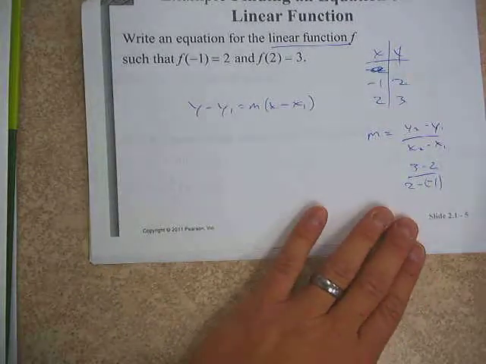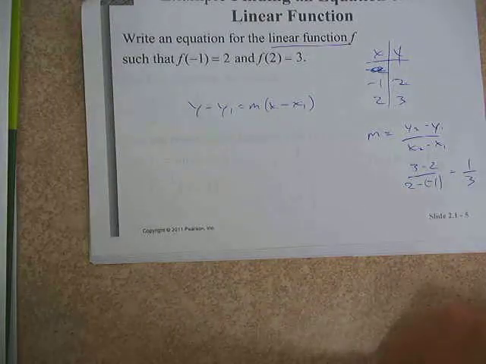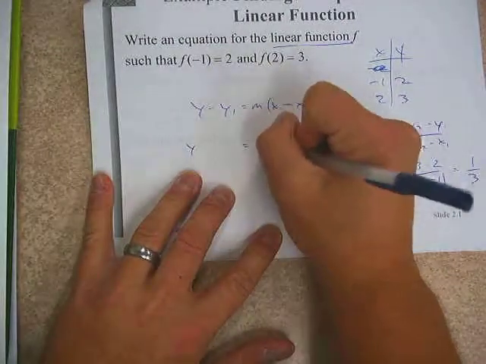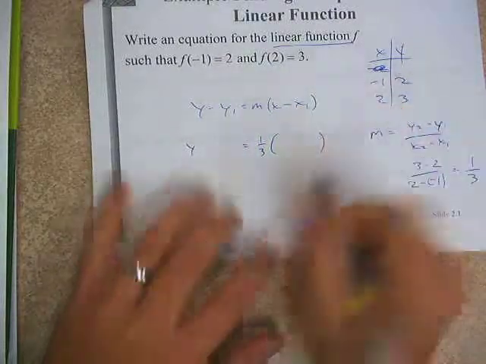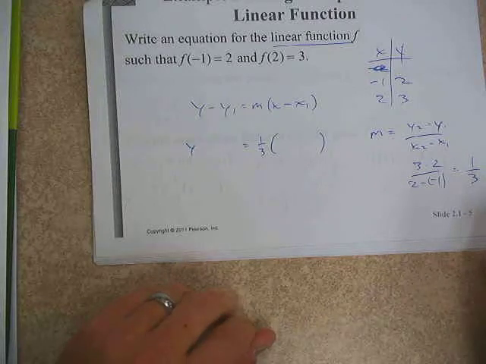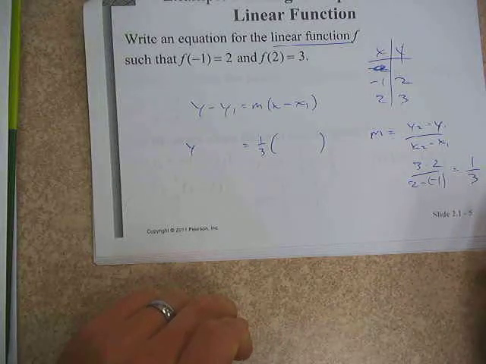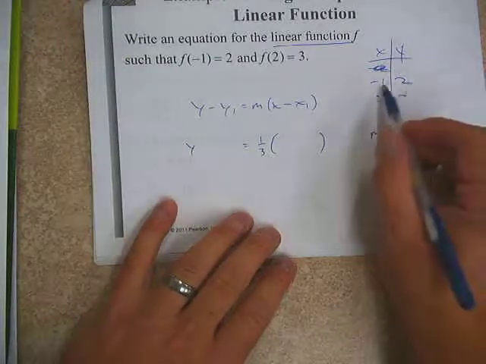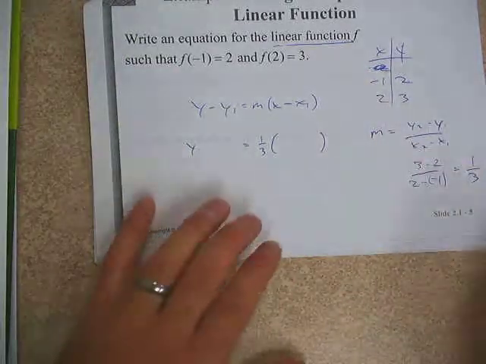So we'll find the change in y over the change in x. In our case, it would be 3 minus 2 for the y coordinates, 2 minus negative 1 for the x-coordinates. And so I'd have a 1 on top and a 3 on the bottom, so my slope in this case would be 1/3.